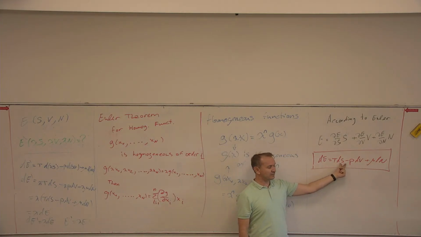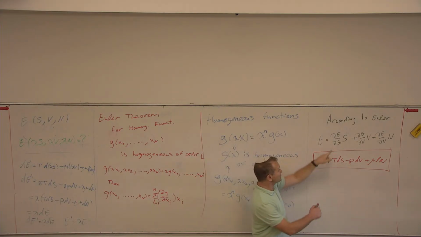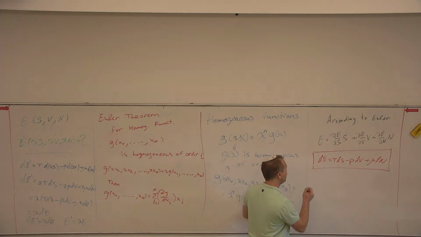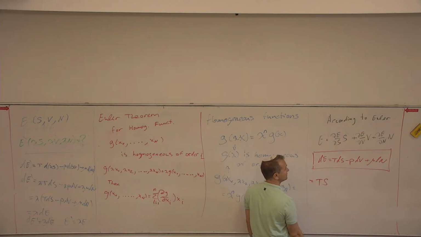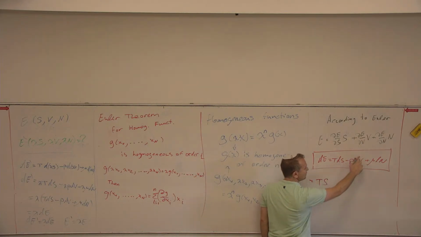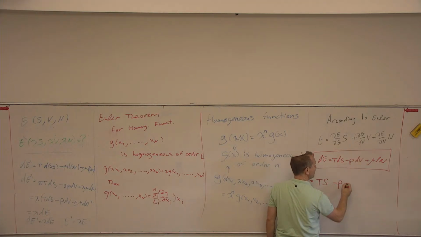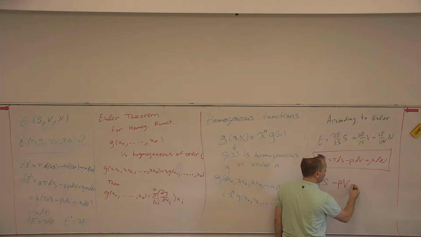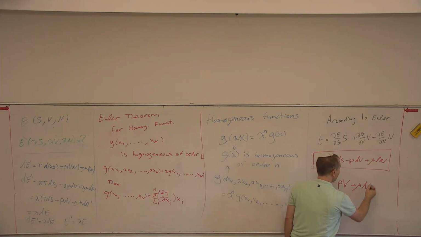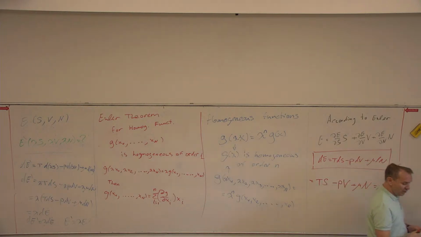Whatever stands in front of dS is the partial derivative of E with respect to S. So instead of dE over dS, I write T. So I have TS. Instead of dE over dV, it is minus P, minus P multiplied by V. And instead of dE over dN, I have plus mu multiplied by N. So this is the expression for energy that I have.